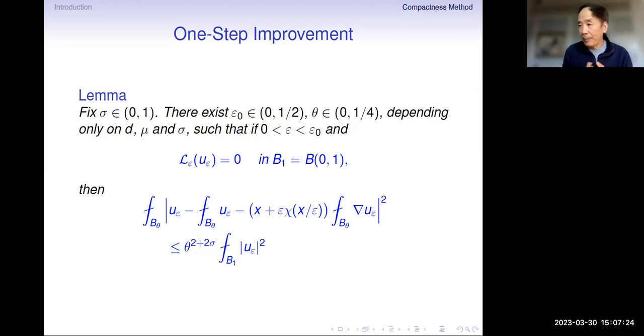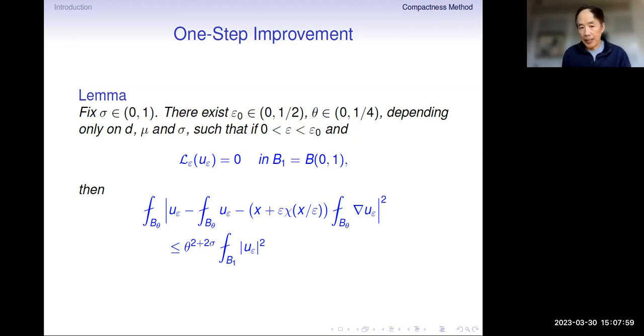So we fix a parameter sigma between 0 and 1. And then there exist two other parameters, epsilon 0 between 0 and 1/2, and theta between 0 and 1/4, which only depend on the dimension, ellipticity, and sigma, such that whenever you have a solution in B1, whenever epsilon is between 0 and epsilon 0, then you have this estimate.